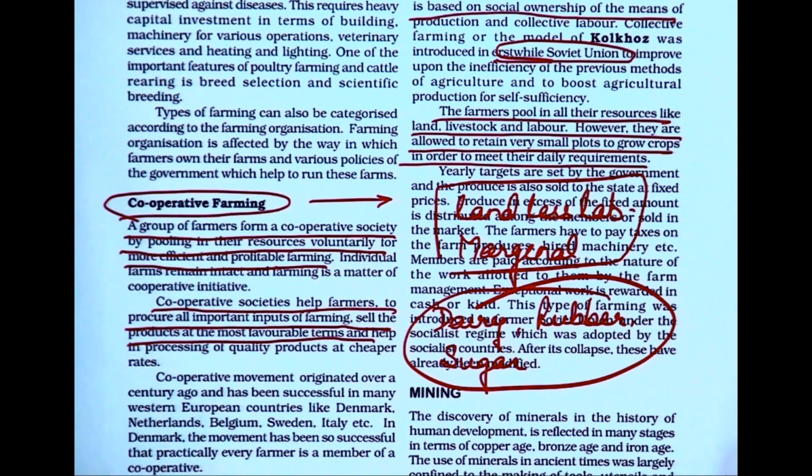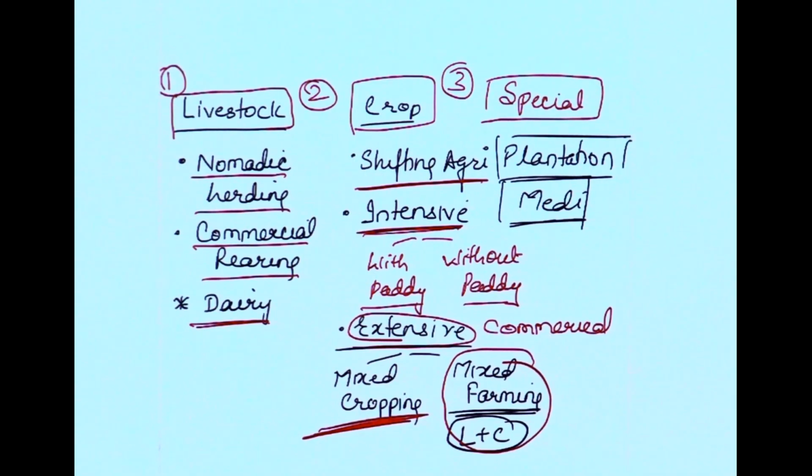So primary activities include hunting, gathering, livestock centric agriculture, which can include nomadic herding, commercial rearing of animals, and dairy culture.